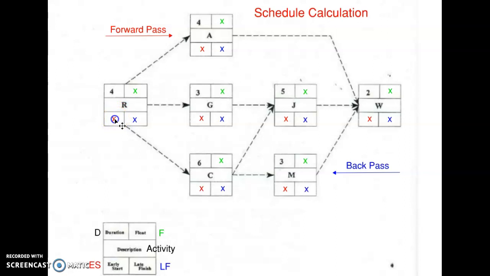I have to start with 1. And this is a little bit different than your text again, so just bear with me. But I always start with 1, and I'll explain that in a minute. But since our activity R's duration is 4, it could be 4 hours, 4 days, 4 minutes, whatever it is, to get the next early start, I have to add this 1 to my duration.